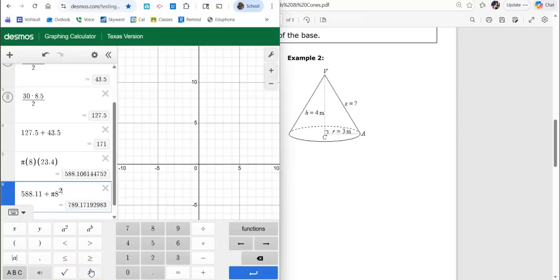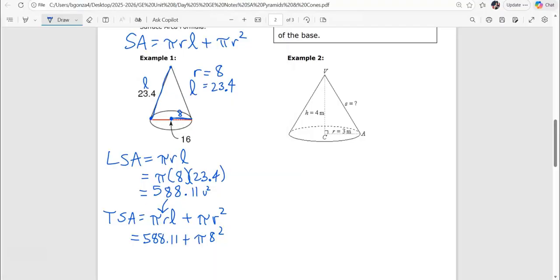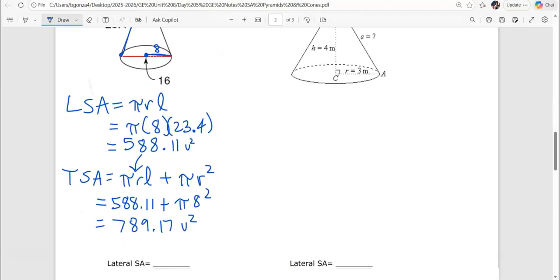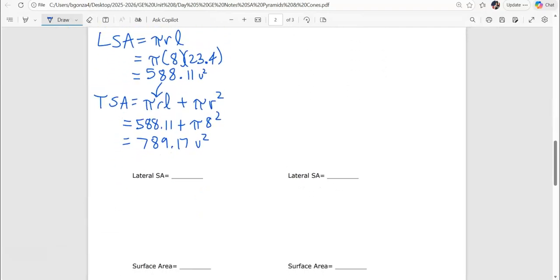And we get 789.17 units squared. Fill that in here.